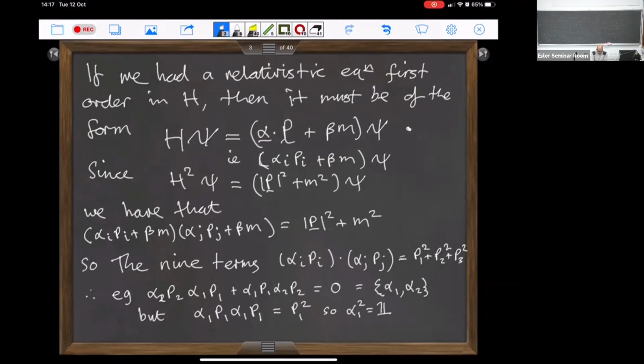But then we have a constraint, which is that the square of the Hamiltonian, in an eigenstate, would be E squared. That has to be equal to P squared plus M squared. So whatever those coefficients alpha and beta are, they have to satisfy this equation: the product of alpha dot P plus beta M with itself has to be P squared plus M squared.